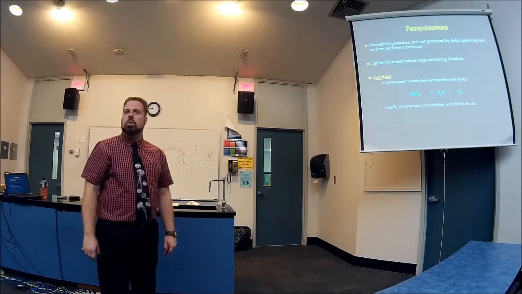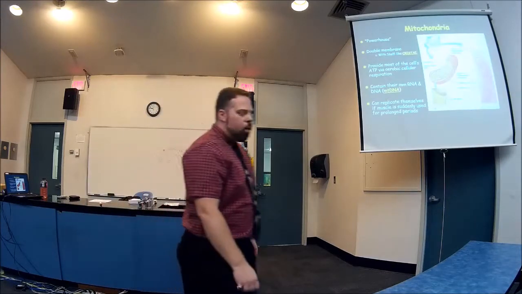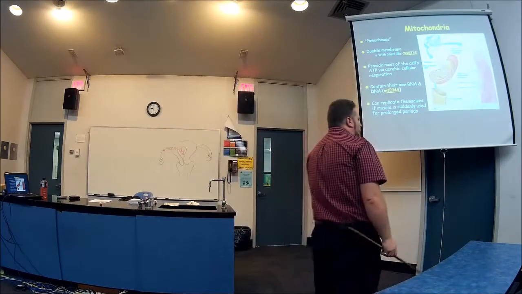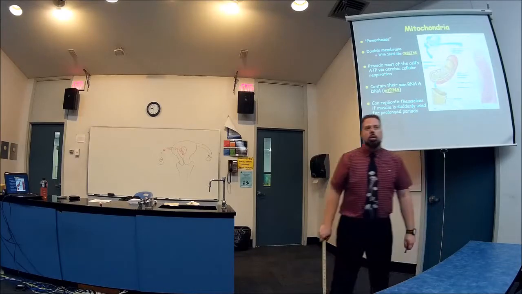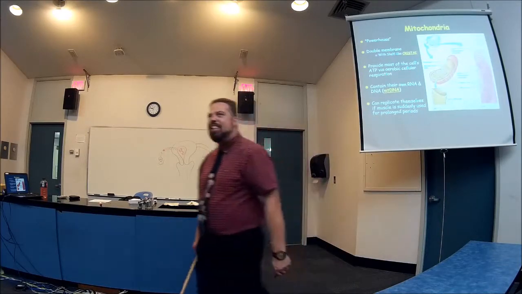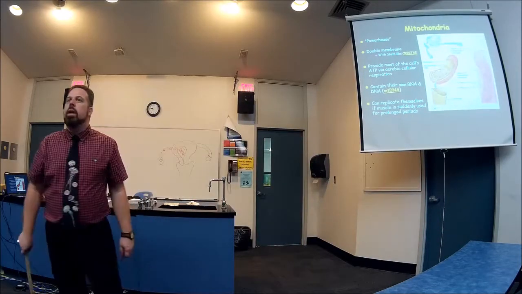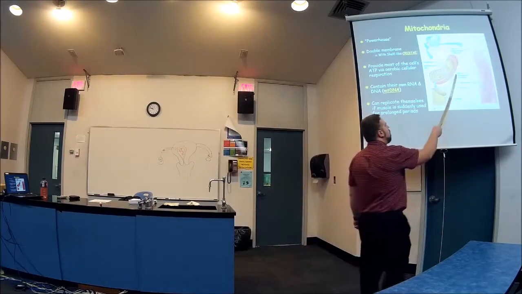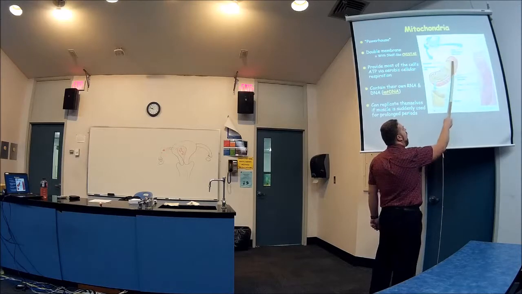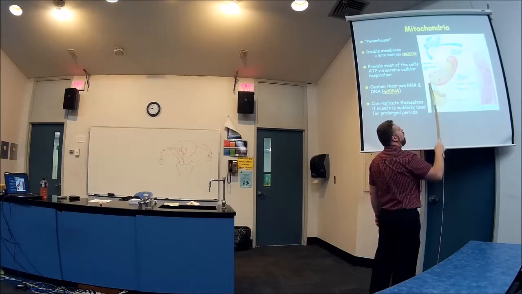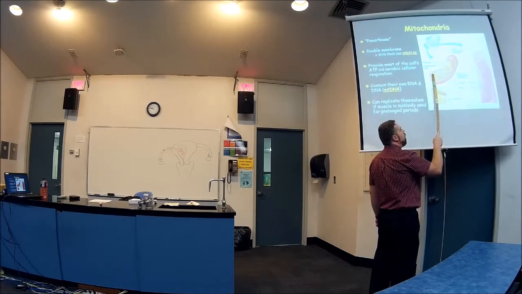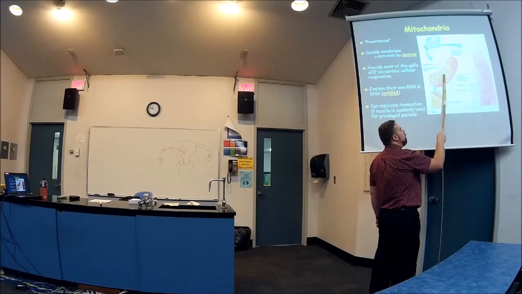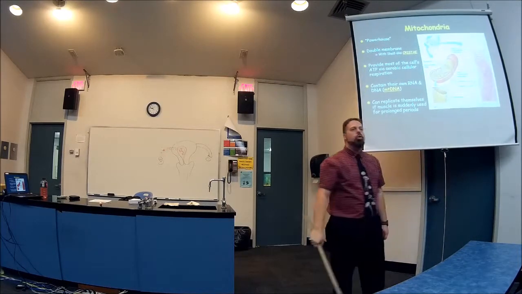Questions about this? Okay. Mitochondria, the powerhouse of a cell. Very briefly, let me talk about it. This is what makes up the ATP. There's two membranes here. The outer mitochondrial membrane, and then there's this yellow portion that kind of undulates in there. We call that cristae.